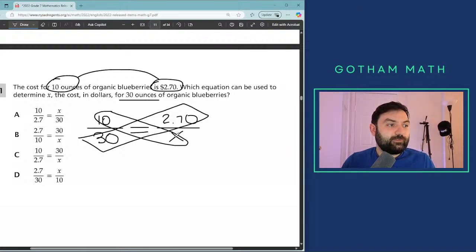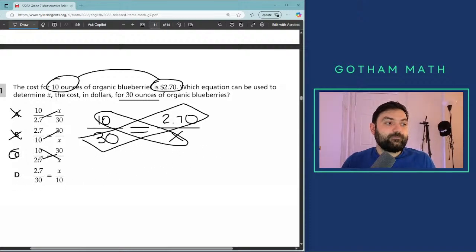So which one is that? Look at this. This one is 270 across from the x. No. This one is 10 and 30. No, we need 30 and 270. So no. This one is 270 and 30 and 10 and the x. This is the answer.